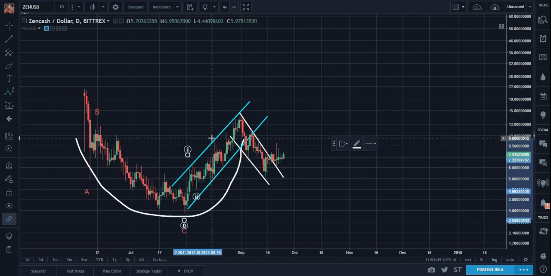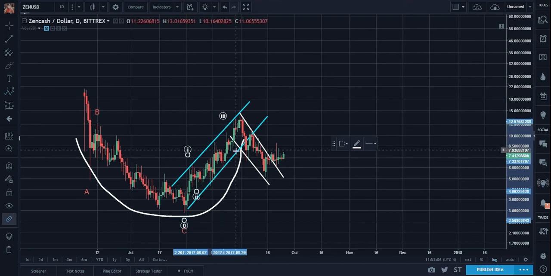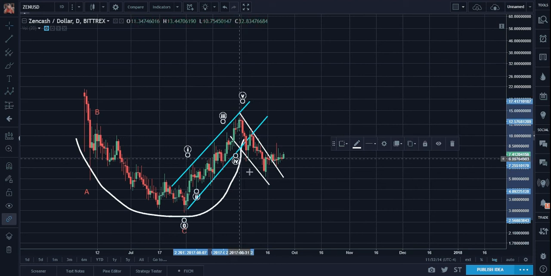But if this is wave 3 and we say this is wave 4, it overlaps with the top of wave 1. So wave 4 cannot overlap with the peak of 1. So this would violate it. But if I go here, 3, 4, it should be fine from here to there. 5.